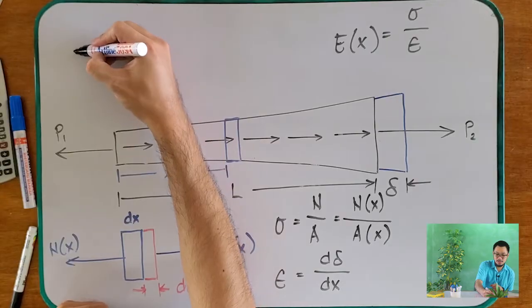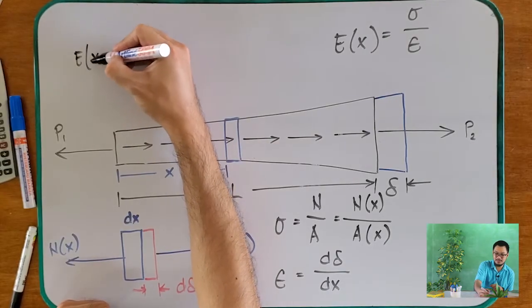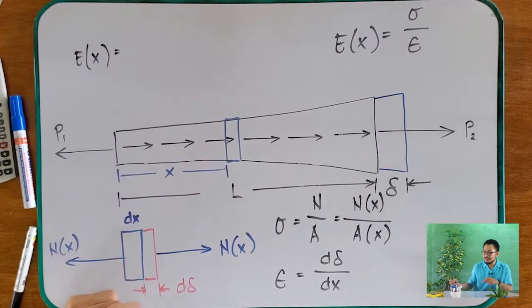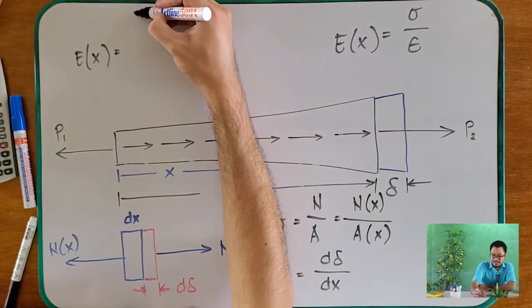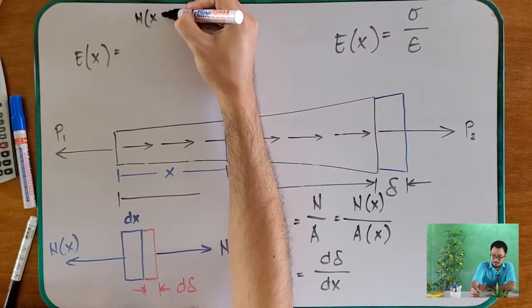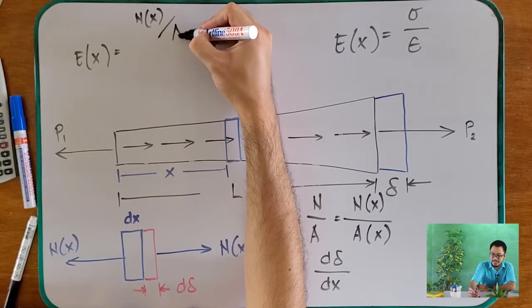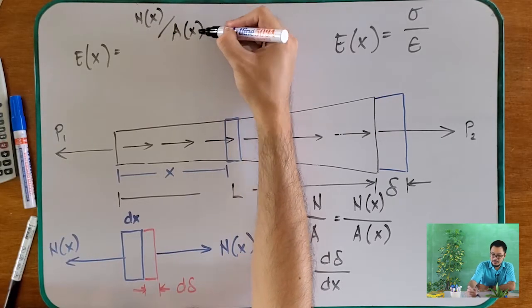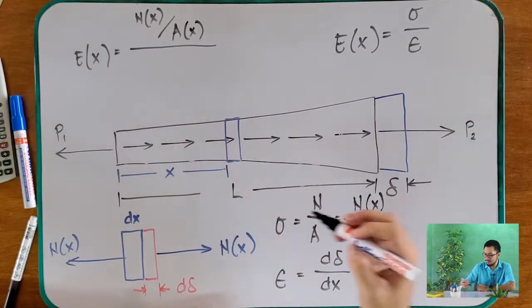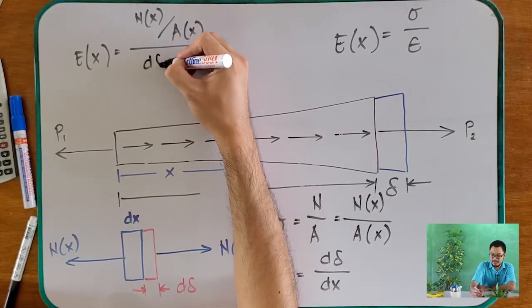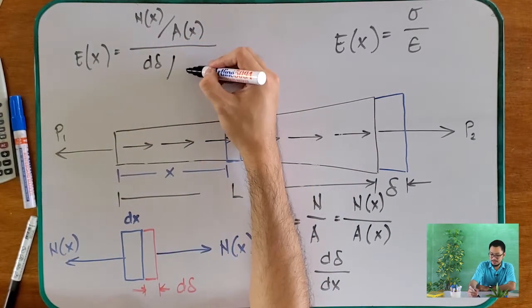Kaya nag-generate lang tag formula. So what will happen na? So you learned that your modulus of elasticity as a function of x is equal to, what is your stress, n(x) over A(x), over your strain, which is d delta over dx.